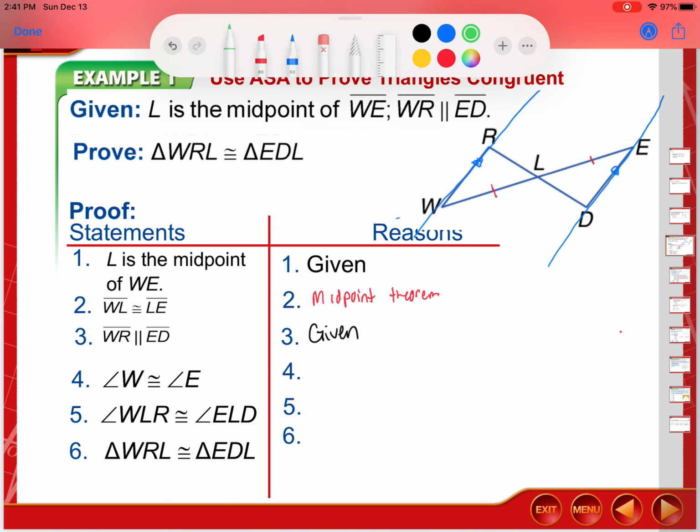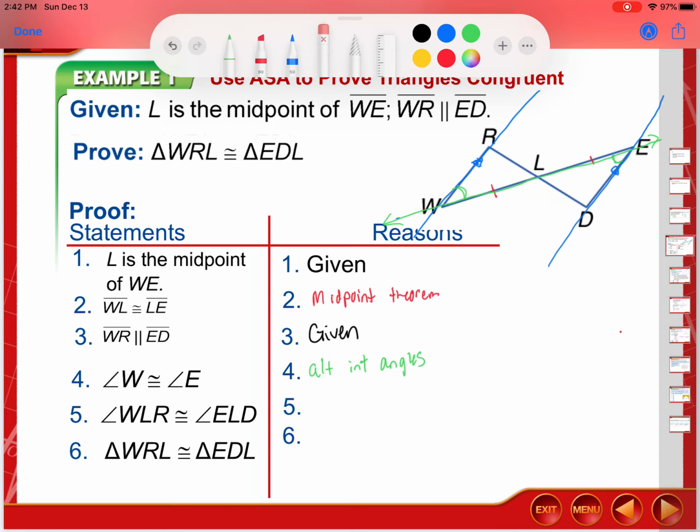So if I extend these parallel lines out, just so they look a little more like something we're used to, and then I use green. If I use WE as a transversal, then I can see angle W and angle E are alternate interior angles. So I feel comfortable saying that those are the same, and I can say alternate interior angles.